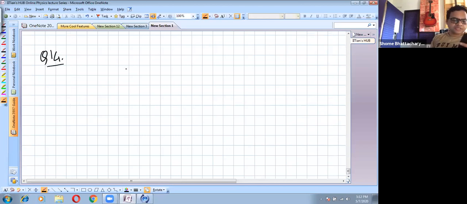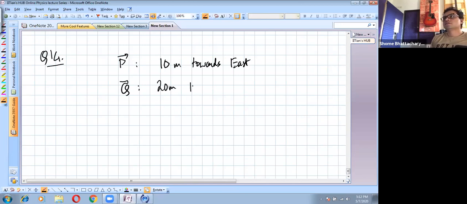So question 14, what is happening is 3 different displacements are given to you. Okay. P is a displacement of 10 meters towards east. Q similarly is a displacement of 20 meters towards 60 degrees north of west.